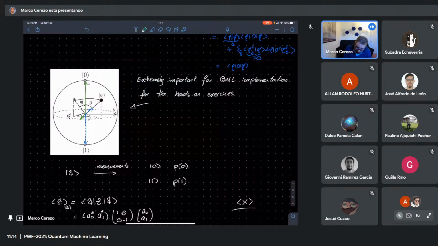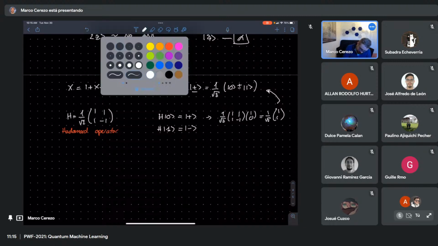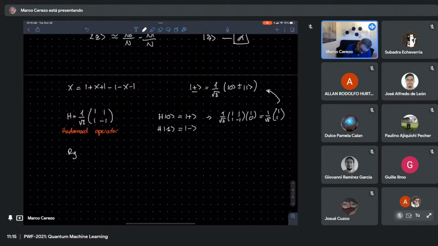Well, we can also do a change of basis that is a rotation about the y-axis. If I take my Bloch sphere and I do a rotation about the y-axis on an angle of pi over 2, I'm also going to get another change of basis matrix, that is going to give me the appropriate mapping from 0 to plus and from 1 to minus.